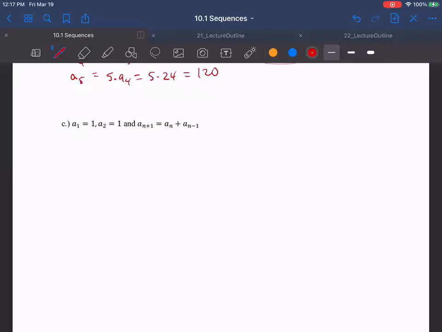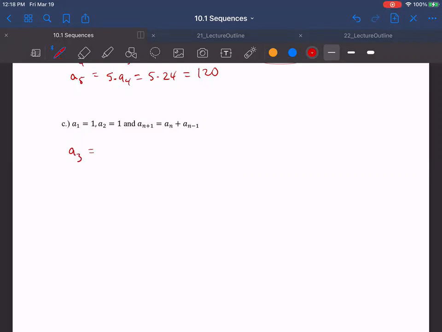All right, so for this one, our pattern is the next one is the previous 2 added together. Anybody know what sequence that is? Okay. So we have A1, A2, so we need to start with A3, right?